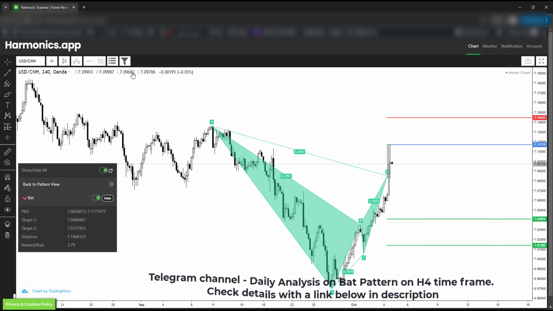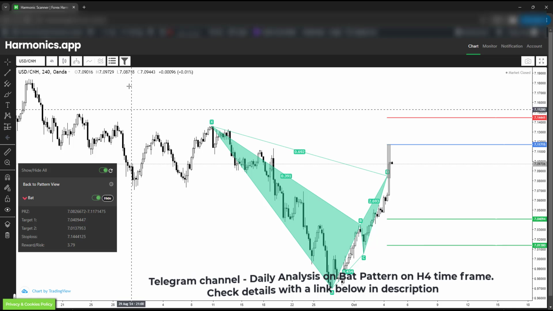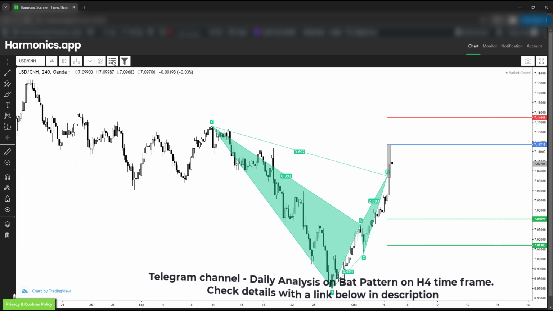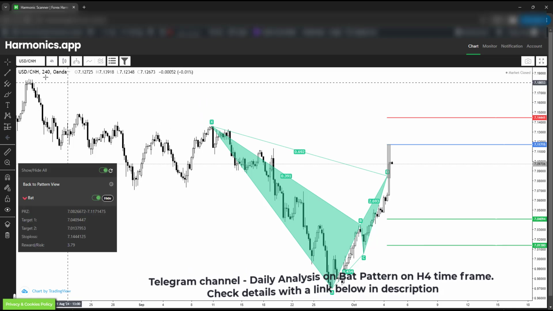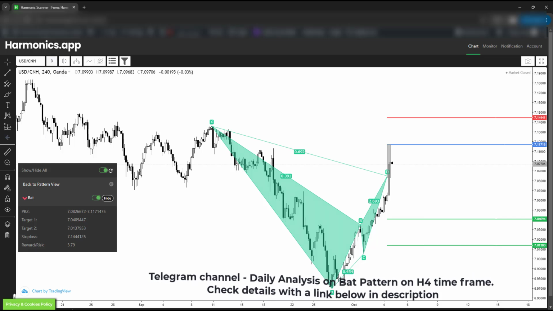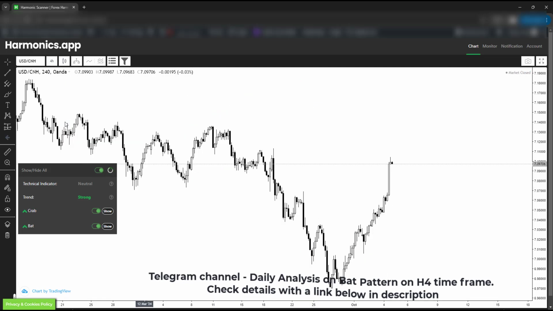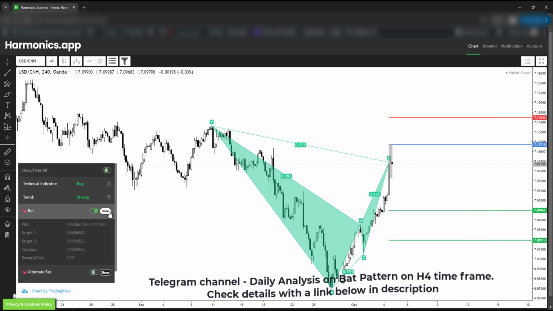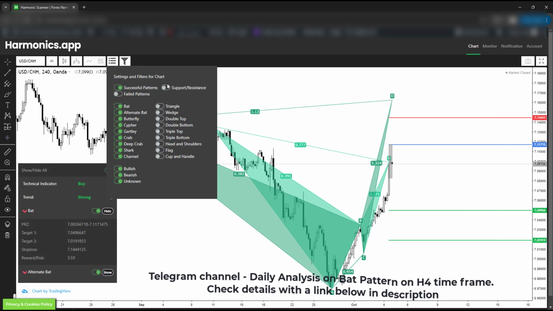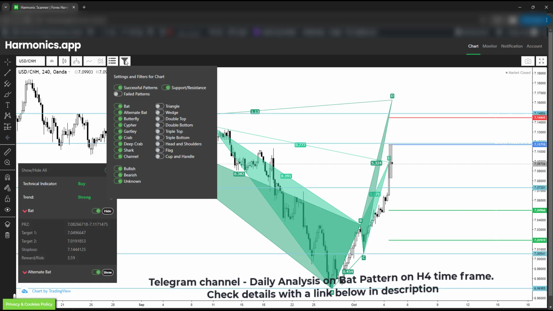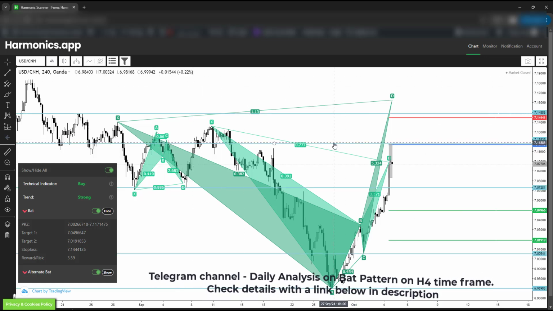So if you make the analysis, for example, if I put here USDCAD, just a minute. Okay, on the 4-hour time frame. This will be the bat pattern. You can also activate support and resistance levels from the scanner to see how the price has created them.